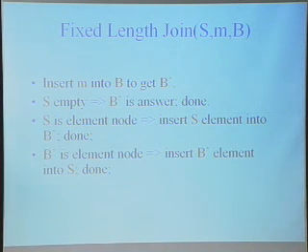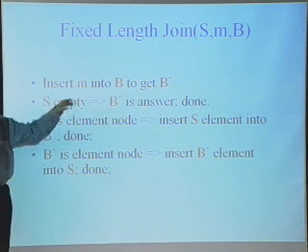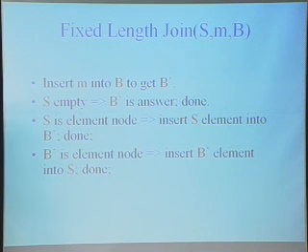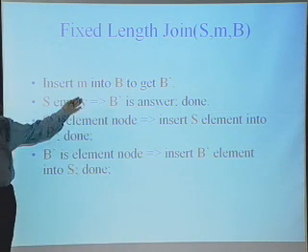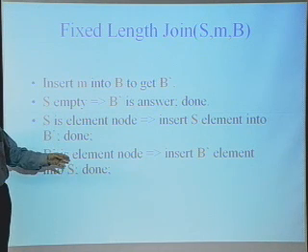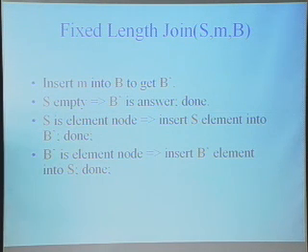Okay. Now, if B prime is an element node, which means that B was empty, well, in that case, I'll just take that element M and insert it into S. Because you can organize this differently, you could probably check out here. If one of the two is empty, insert M into the non-empty one and you're done.